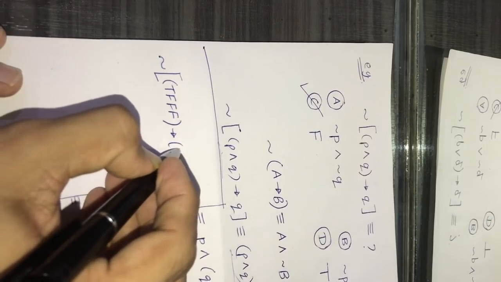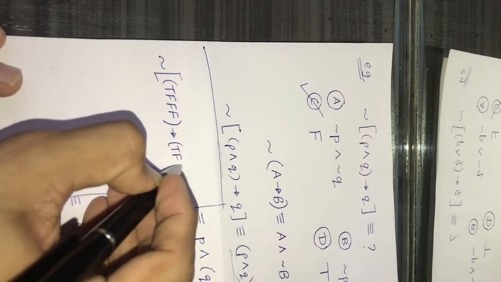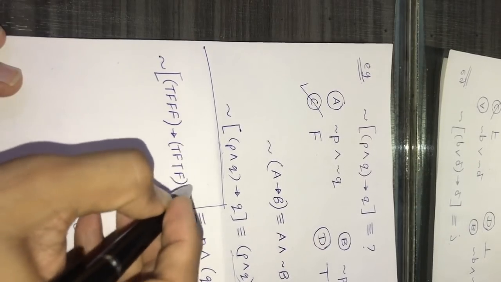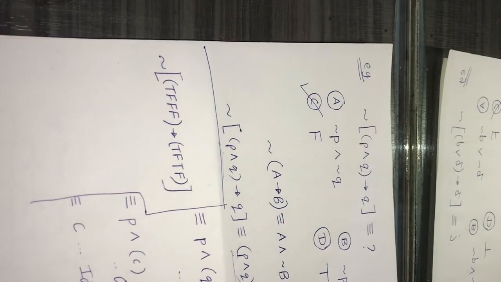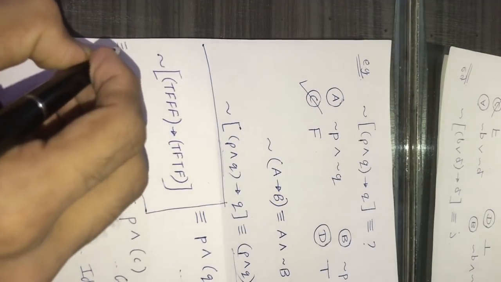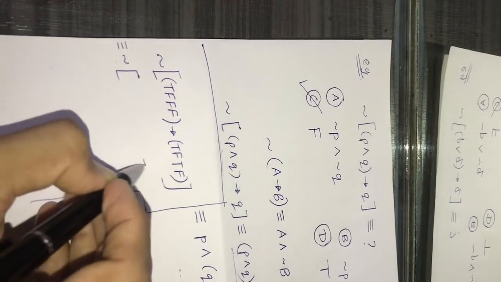Implies Q, how do we write Q in the table? It is true, false, true, false. Okay, true, false, false implies true, false, true, false. So this is going to be negation of.